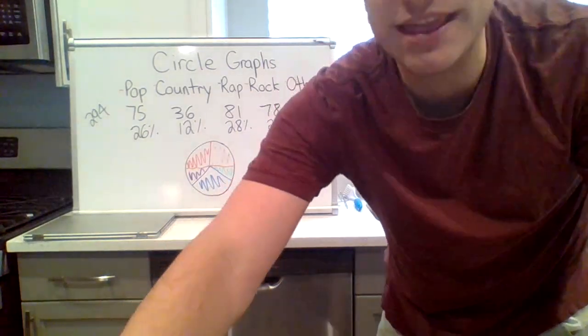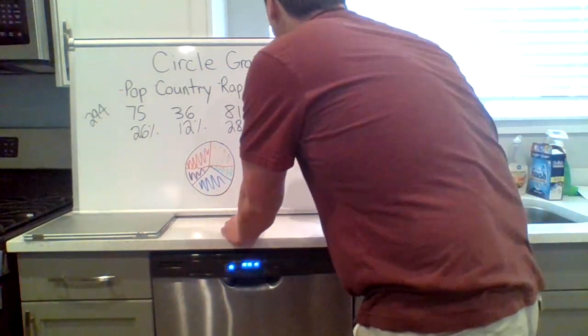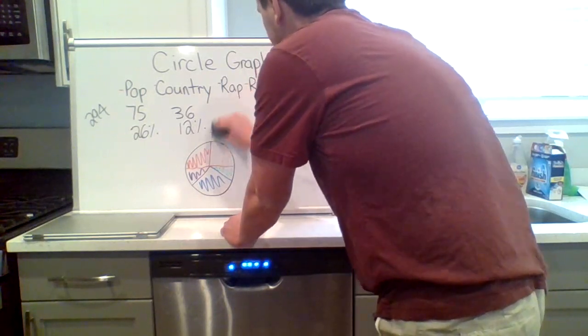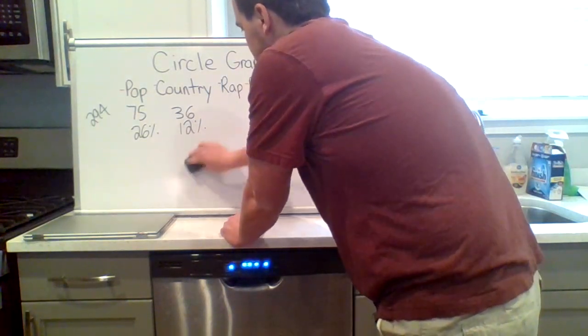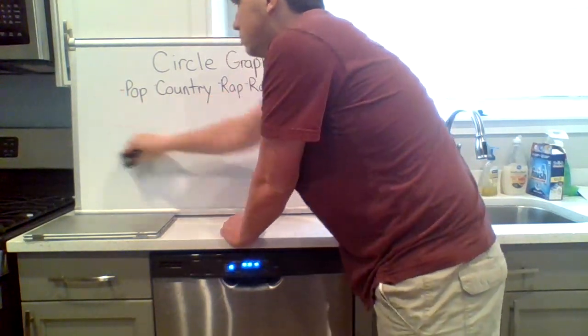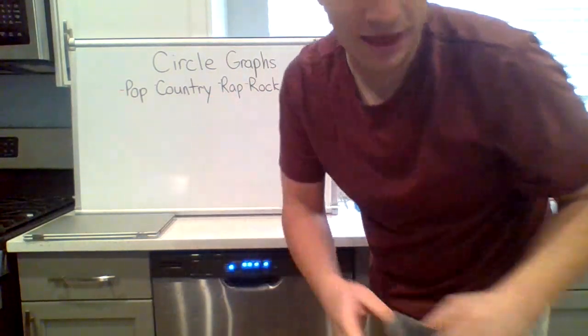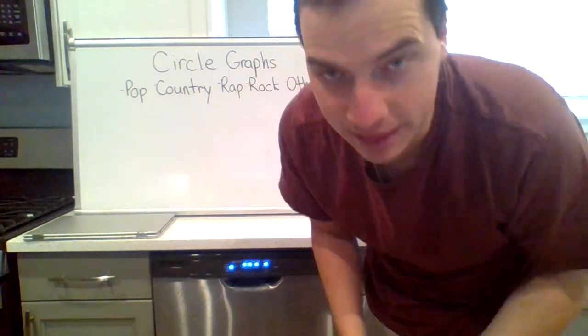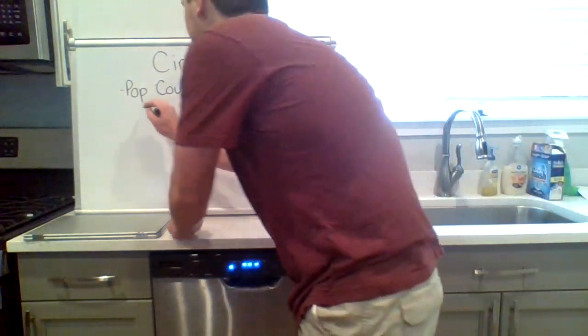Okay, now let's go the other direction for the pie graph, using the same style. So rather than starting with the numbers and finding the percentages, let's find, given percentages, the numbers.